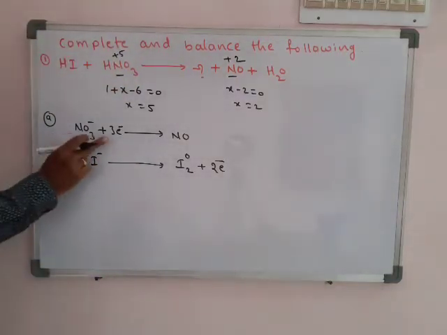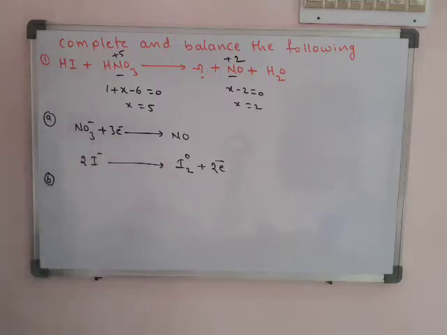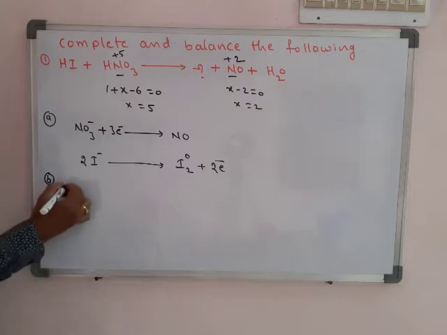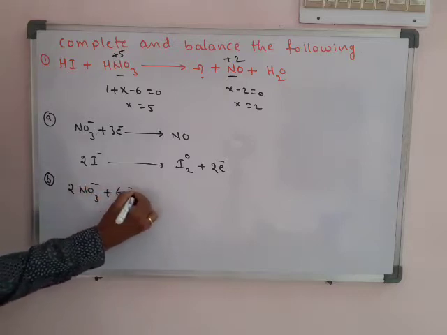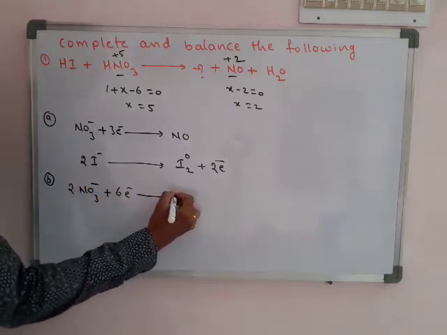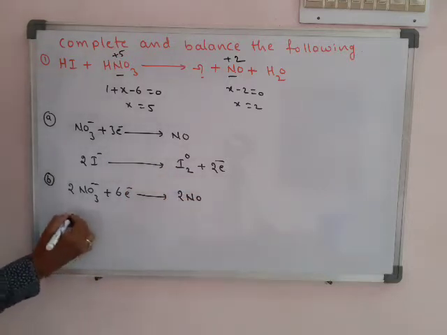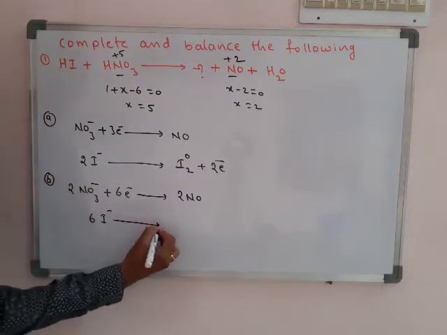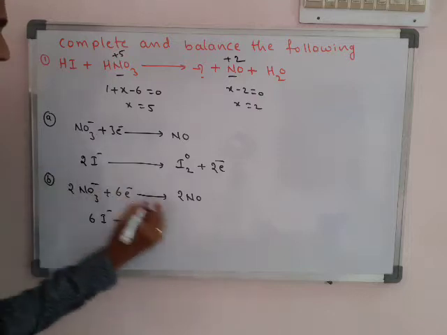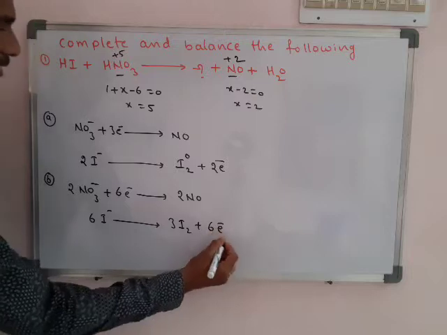In the first equation there are 3 electrons, in the second 2 electrons, so we multiply equation 1 by 2, giving 6 electrons and 2 NO. Then multiply the second by 3: 6 I minus gives 3 I2 plus 6 electrons.